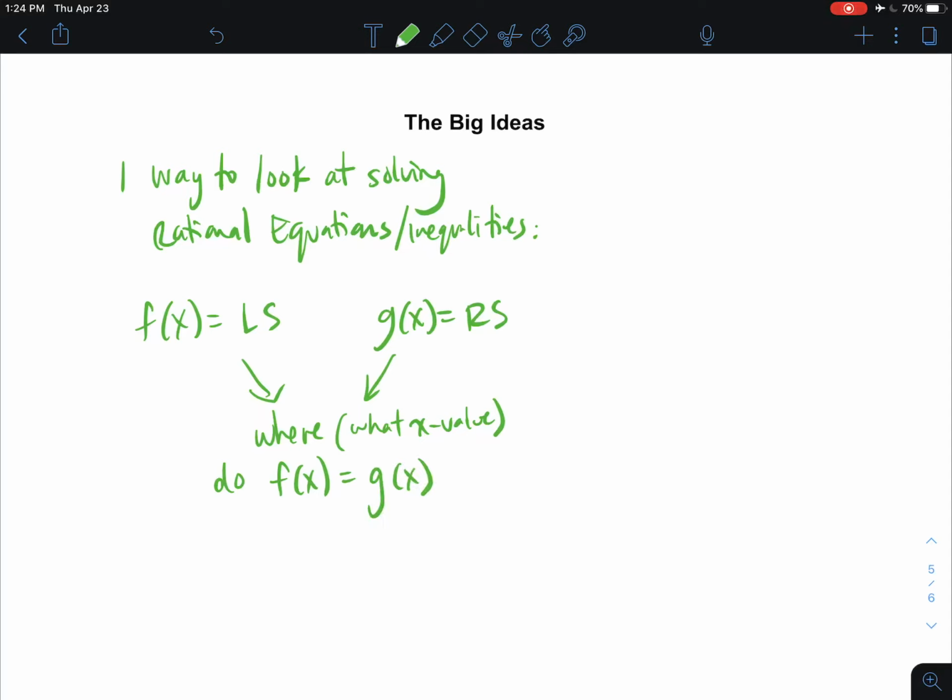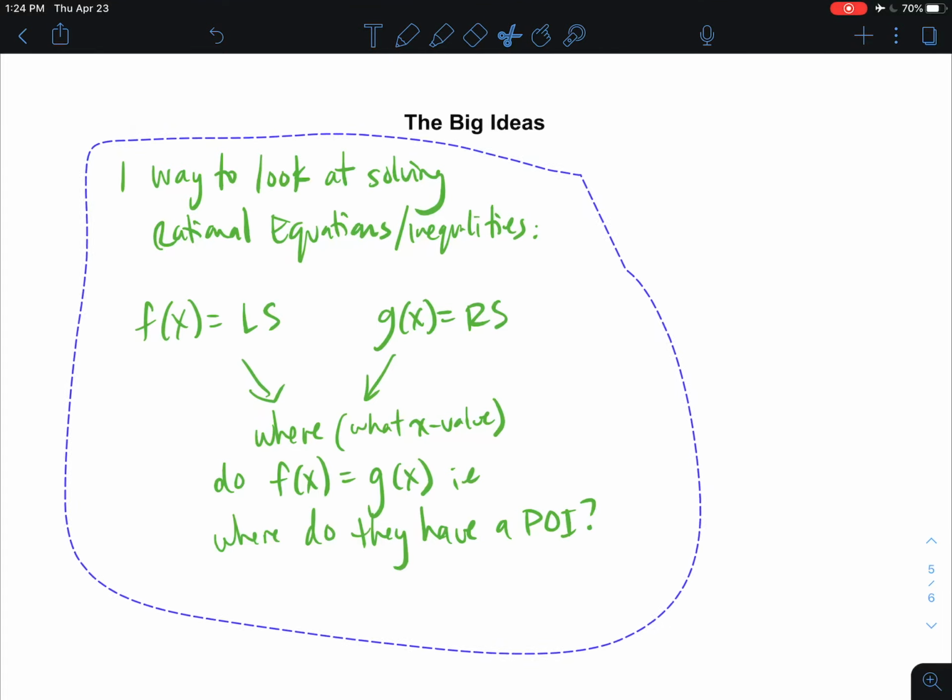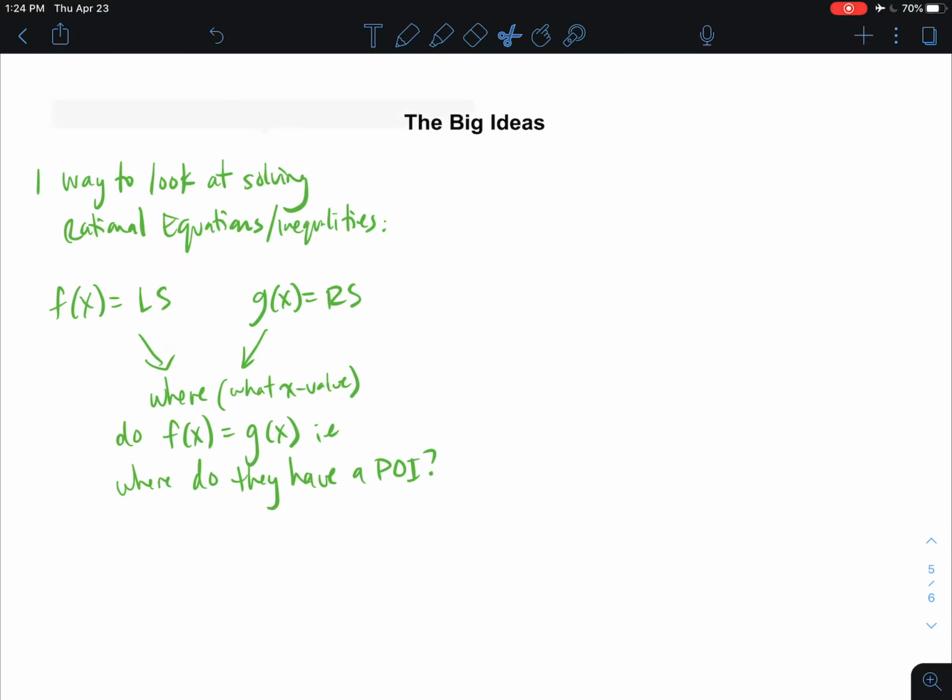Okay, so where do they have a point of intersection? Okay, so that's one way to interpret these problems.